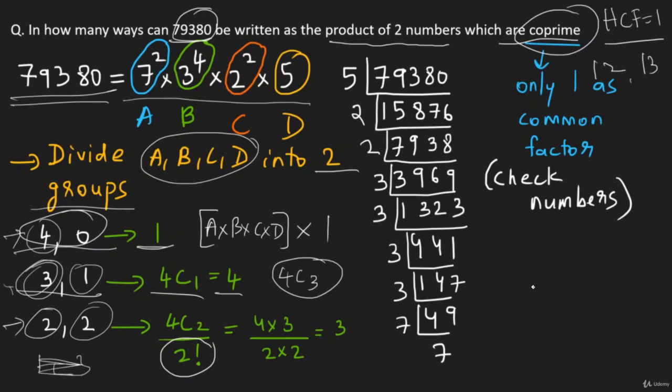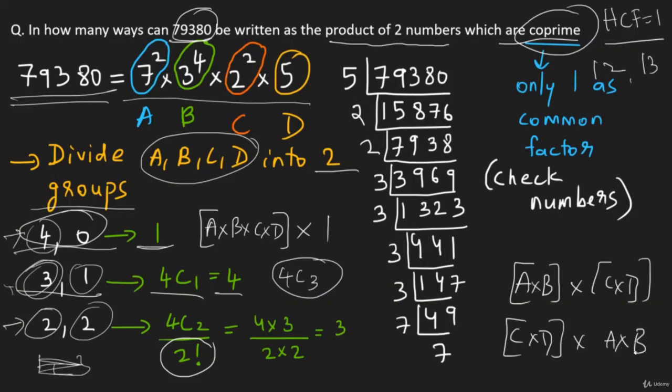So for example, in one case I might write it as A into B as one group and C into D as the other group. Now this, and writing C into D as one group and A into B as the other group, is one and the same. That's why we have to divide with 2 factorial. And this over here gives us 3.